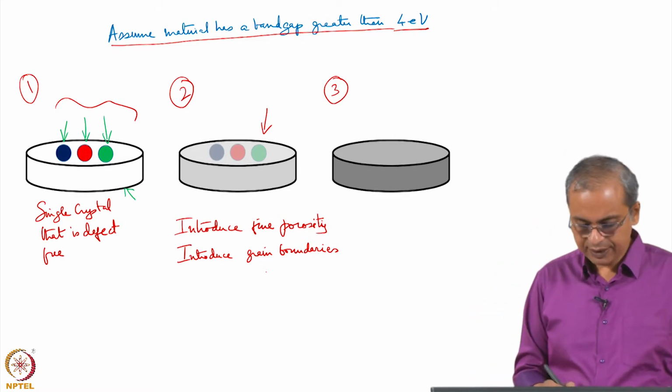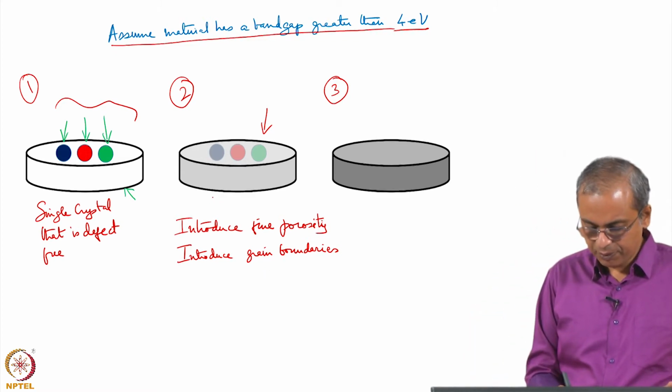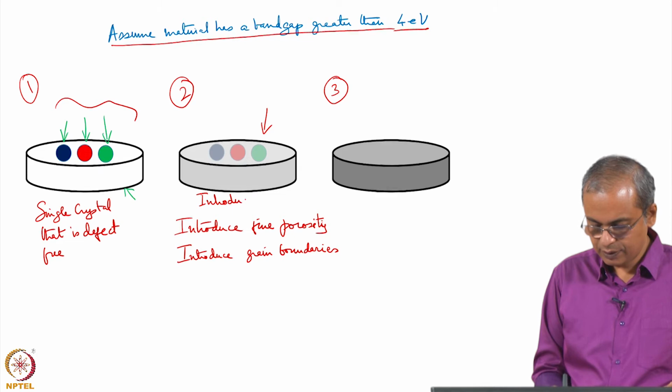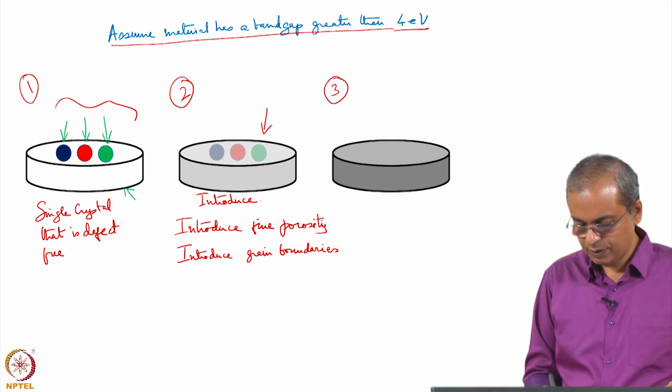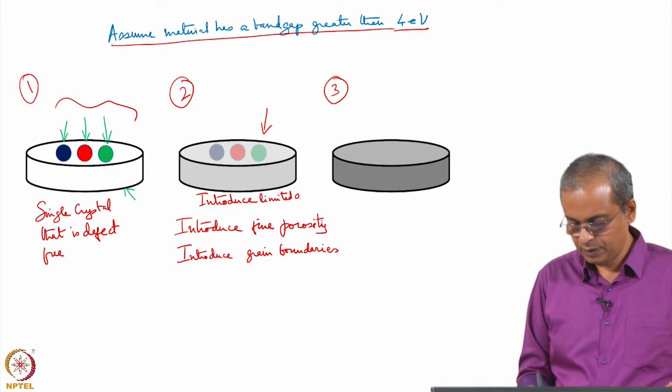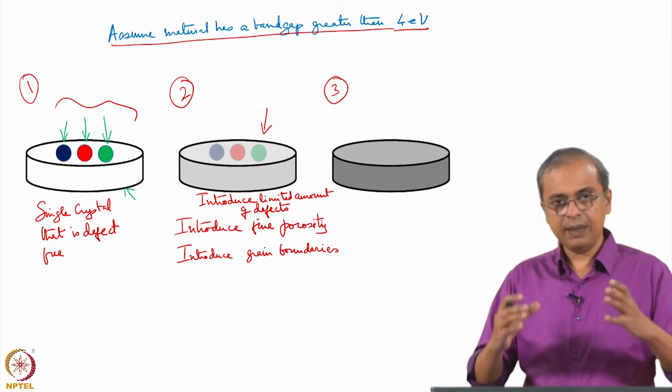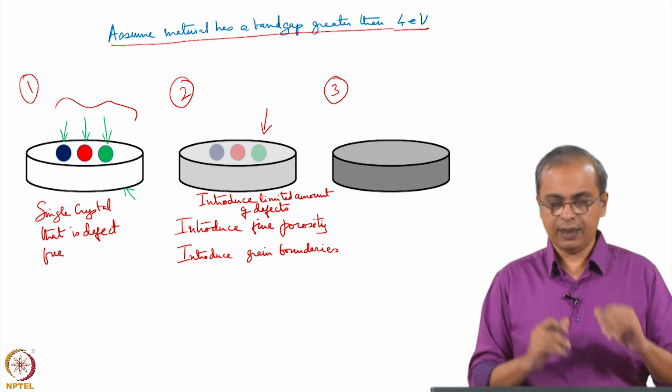So, in this case we have introduced some level of defects. So, if you introduce a limited amount of defects, you make it translucent.